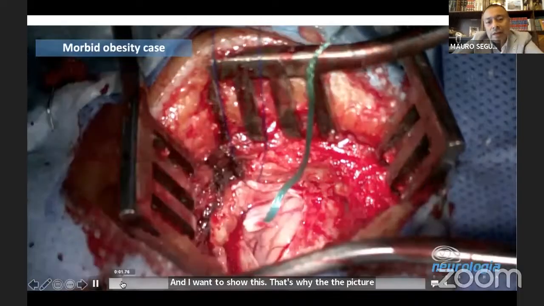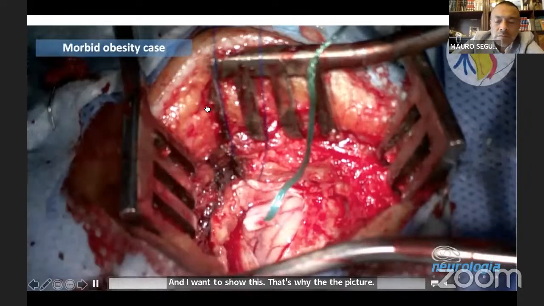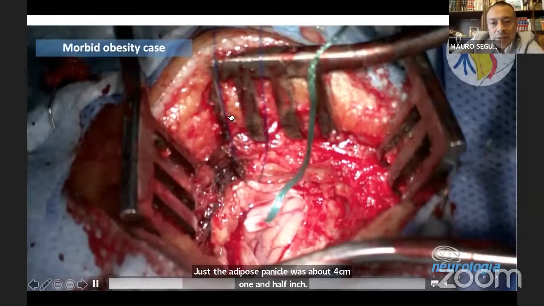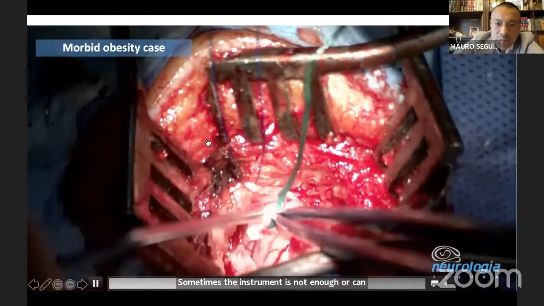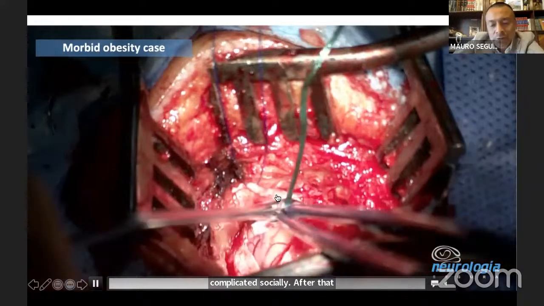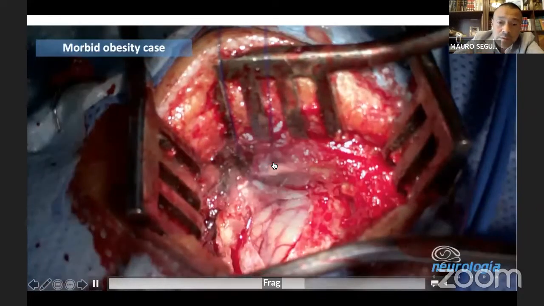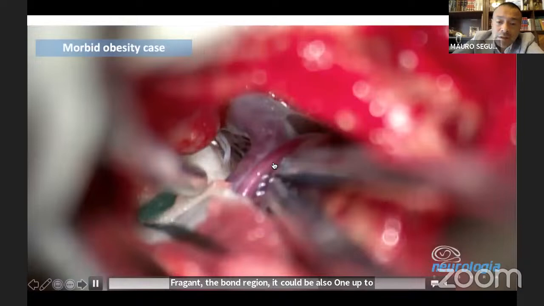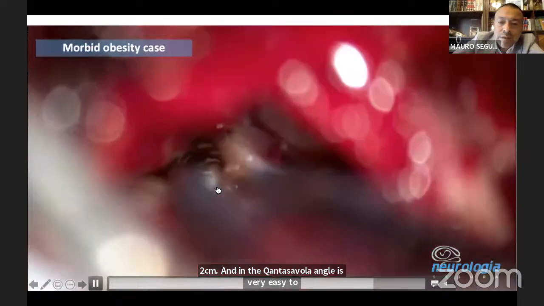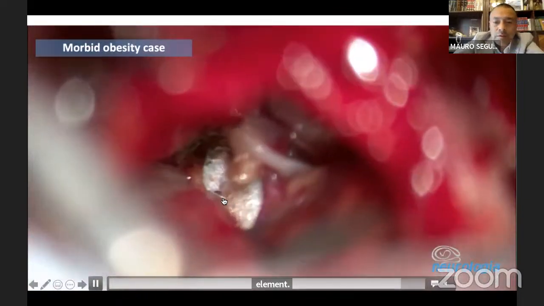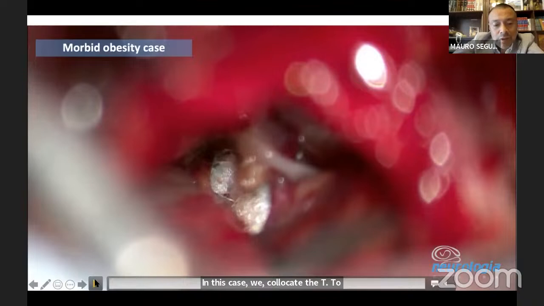The adipose panniculus alone was about 4 centimeters, 1.5 inches. Sometimes the instrument is not long enough or can complicate the surgery. After that adipose area, of course, there is another region, the bone region. It could also be 1 up to 2 centimeters. And in the pontocerebellar angle, it's very easy to treat the vascular element. In this case, we place the Teflon, and it seems to be easy, but it's not.